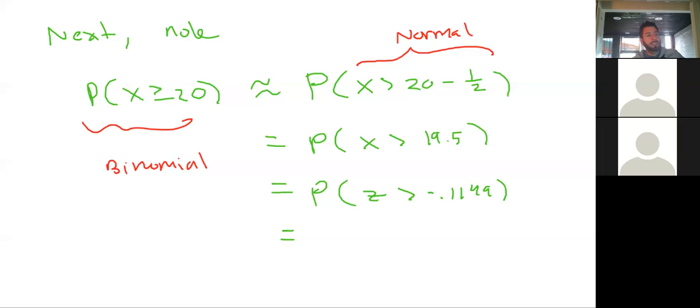Well, we're interested in the probability that z is greater than negative 0.1149, which means that's the area under the curve, and so you get 0.54574.